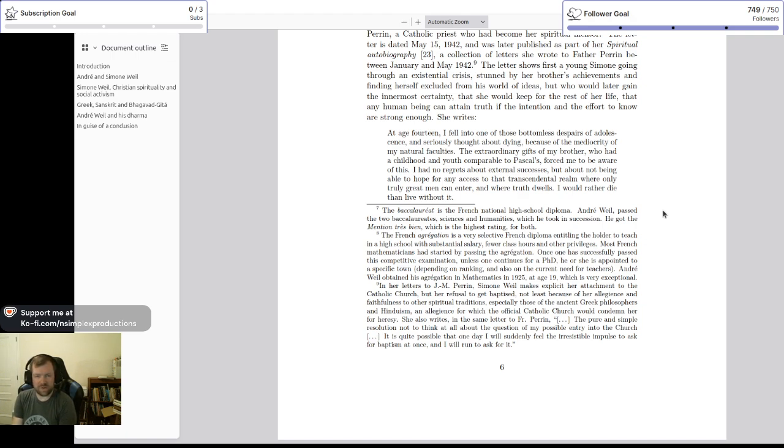In her letters to J.M. Perrin, Simone Weil makes explicit her attachment to the Catholic Church, but her refusal to get baptized, not least because of her allegiance and faithfulness to other spiritual traditions, especially those of ancient Greek philosophers and Hinduism, an allegiance for which the official Catholic Church would condemn her for heresy.